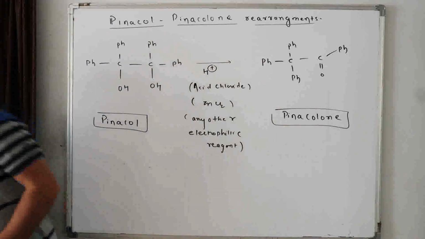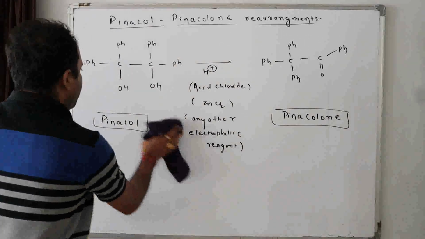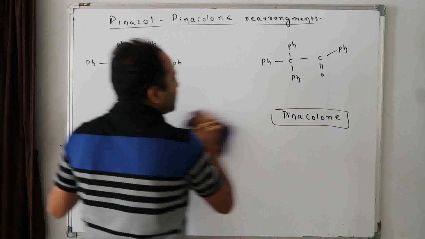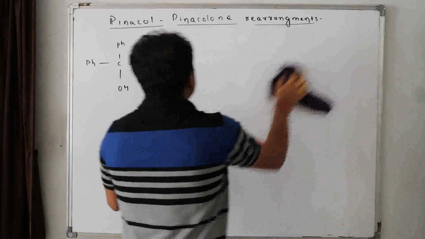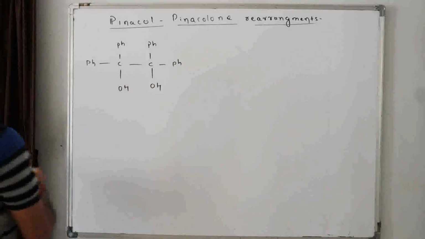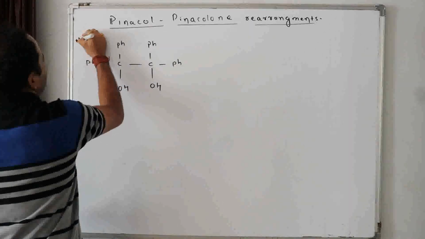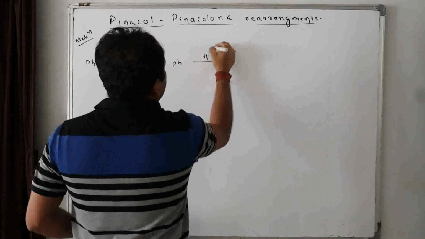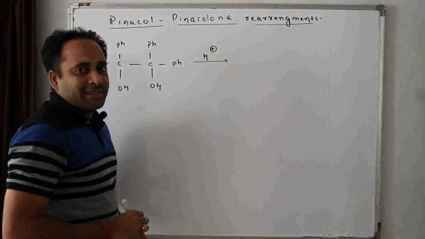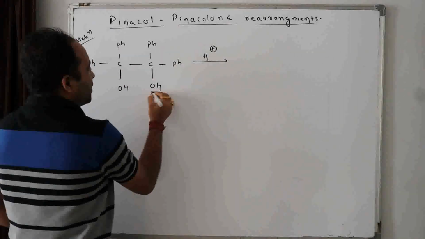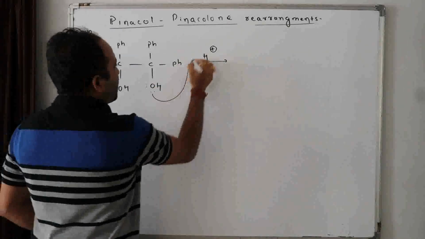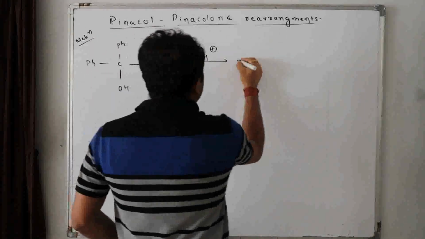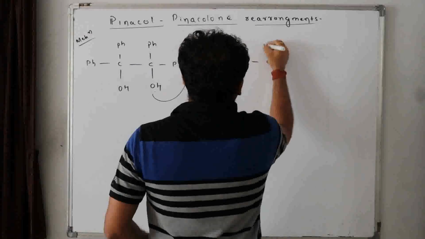Okay, mechanism. Look here. Mineral acids, acid chlorides, zinc chloride, anything we can take. What is the mechanism behind this? Let's check the mechanism. Mechanism of pinacolone. If I take this H plus, isn't it? What will happen? This electron pair will attack this H plus. Okay, what is formed here? Ph2C-CPh2.